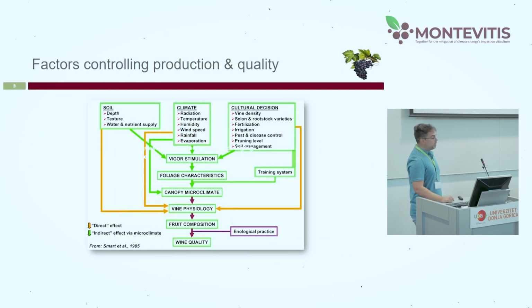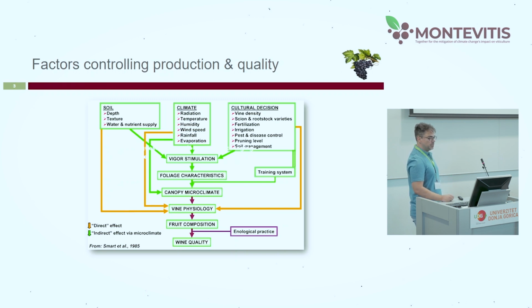This is also a very well-known chart. It shows the three main factors that influence wine quality and productivity. One is soil characteristics, like soil depth, soil texture, water, and nutrient supply.